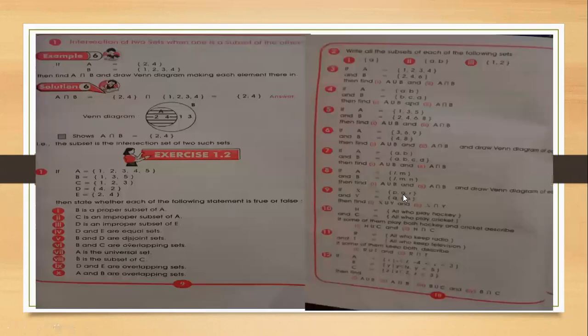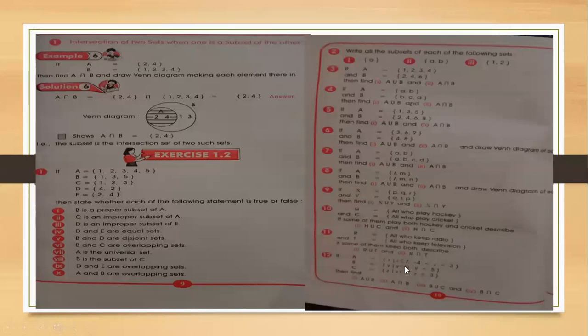Here you can see your exercise. Okay. In this exercise, look at the questions. Here you have to find the union and you have to find the intersection. Here the sets are given in tabular form and in question number 12, the set is given in set builder notation.